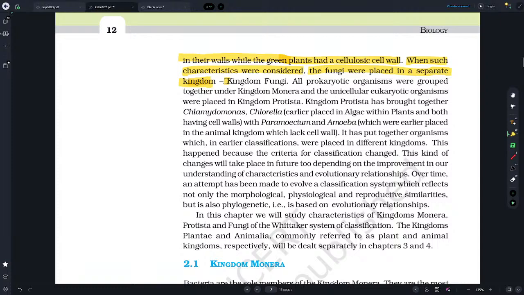Members of Protista are primarily aquatic. This kingdom forms a link with others dealing with plants, animals, and of course with fungi.